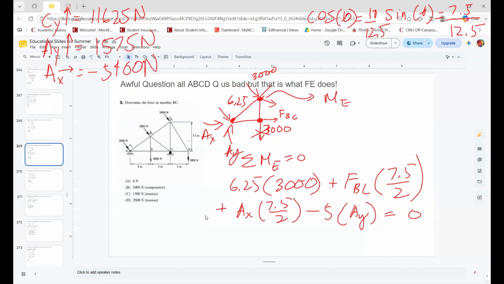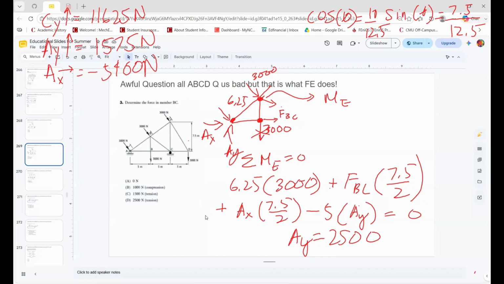Addition here, so I get that minus 5 multiplied by Ay. So 1575 multiplied by 2 multiplied by 7.5. Okay, I get Ay equal 2500.